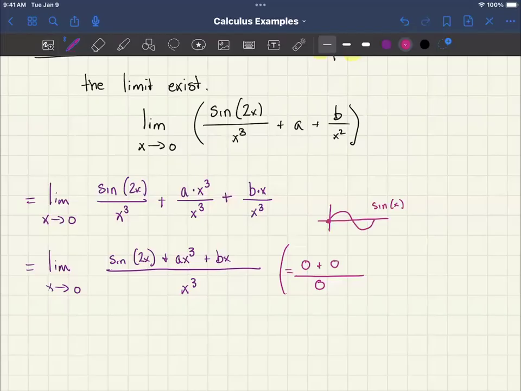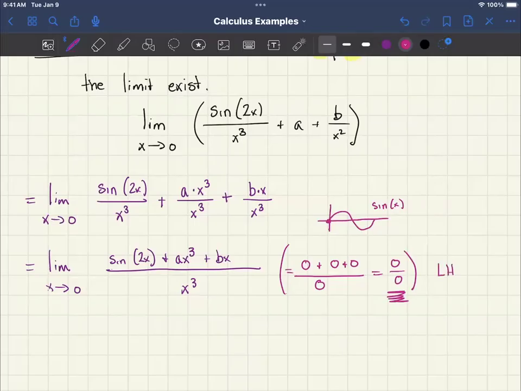So knowing some of those basics can really help out. 0 times a is 0, 0 times b is 0, so we get 0 over 0, right? And this tells us it's unknown, but it's a very particular type of unknown. This is a setup for L'Hopital's rule.